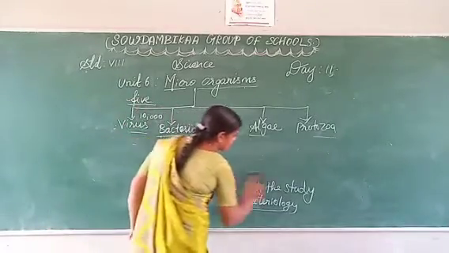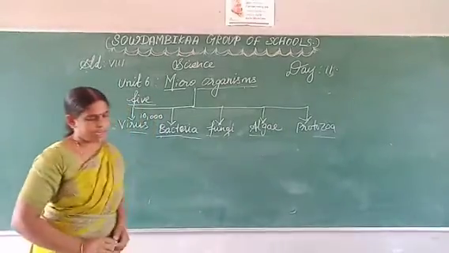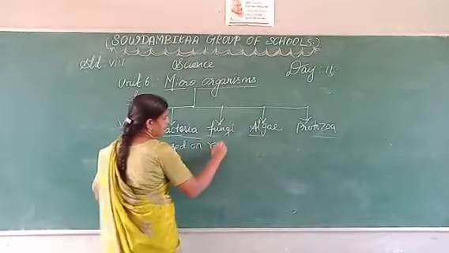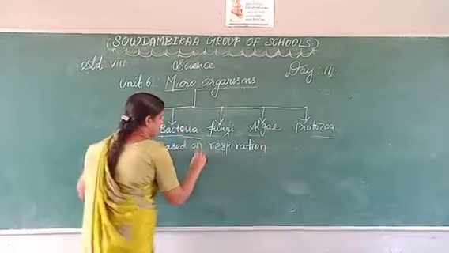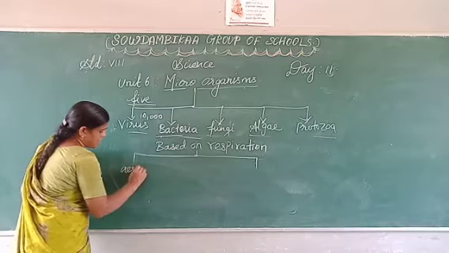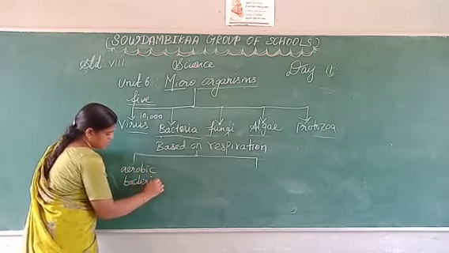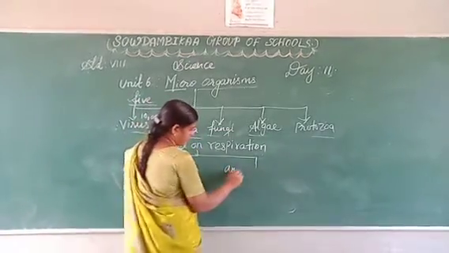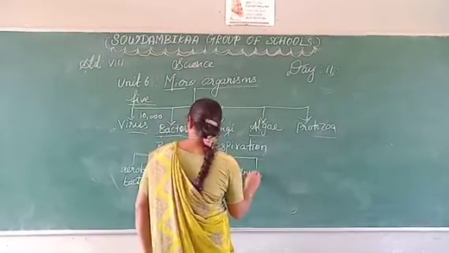Based on respiration, the bacteria are divided into two types: aerobic bacteria and anaerobic bacteria.